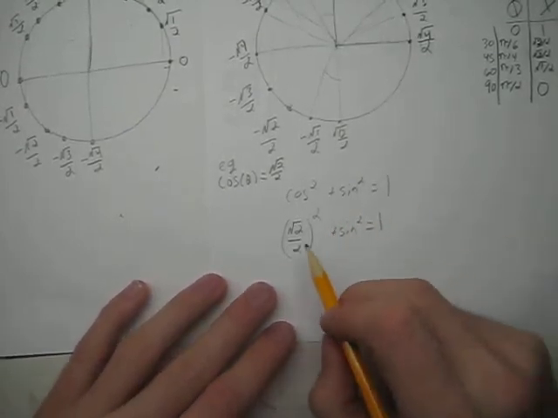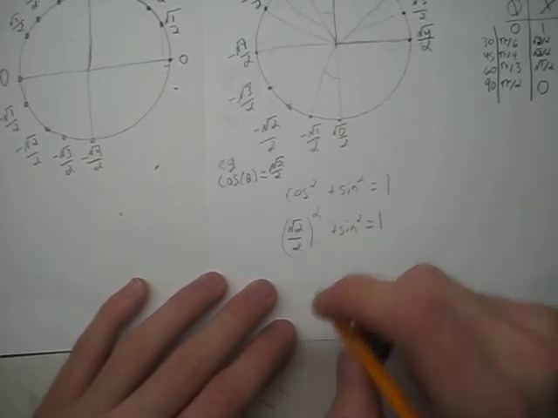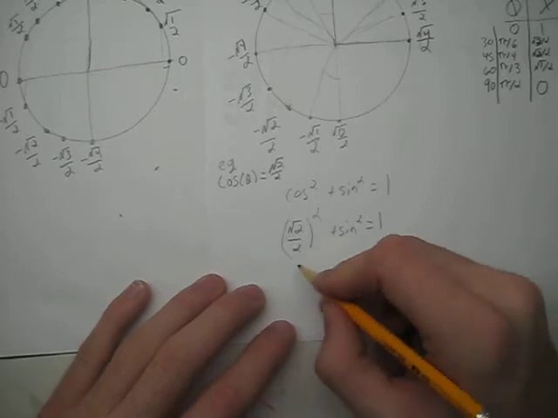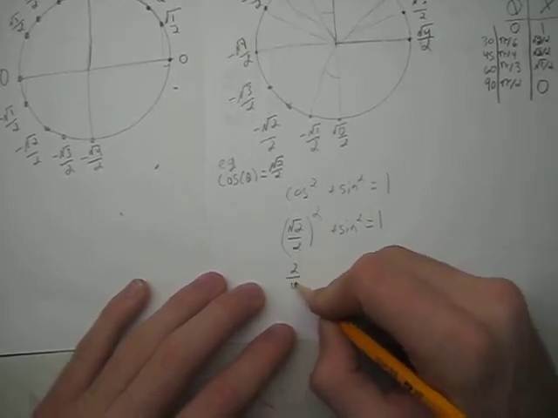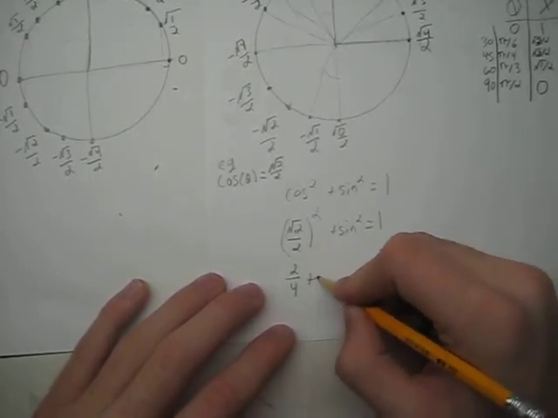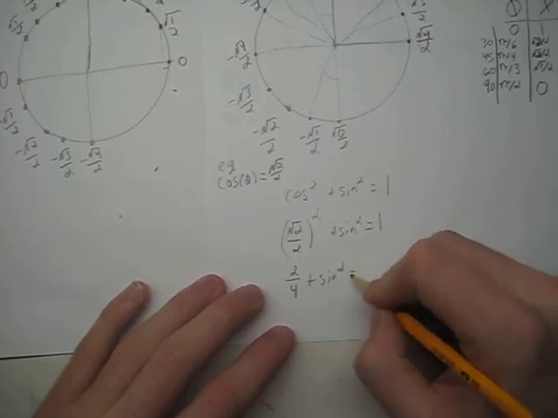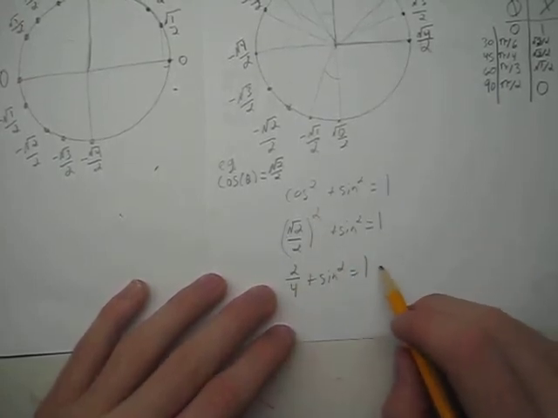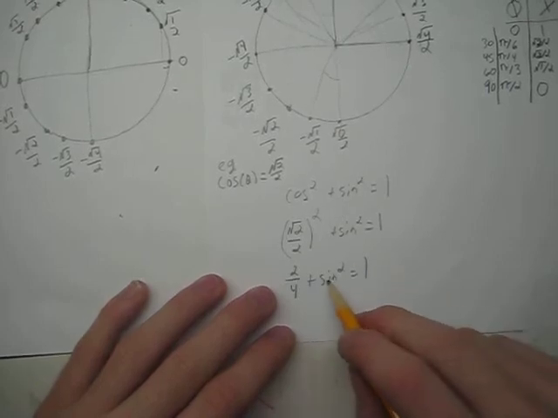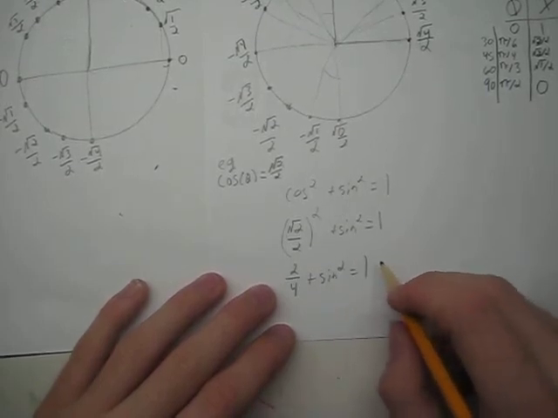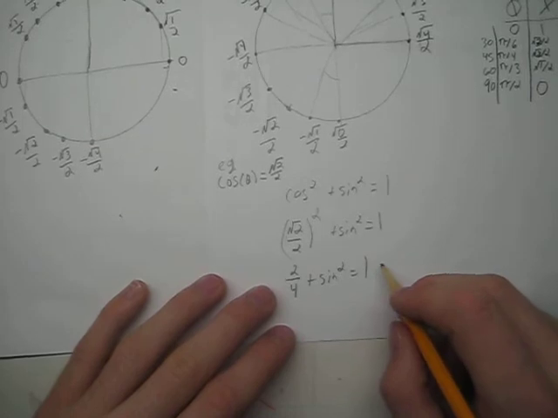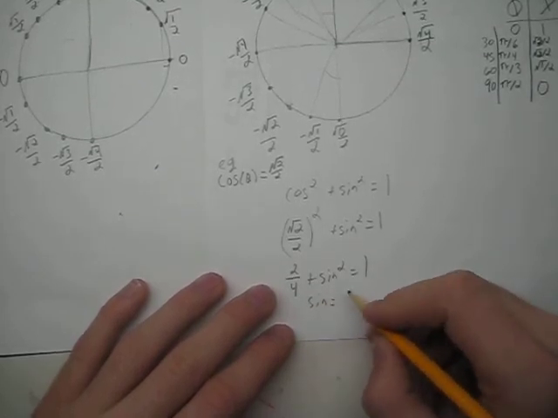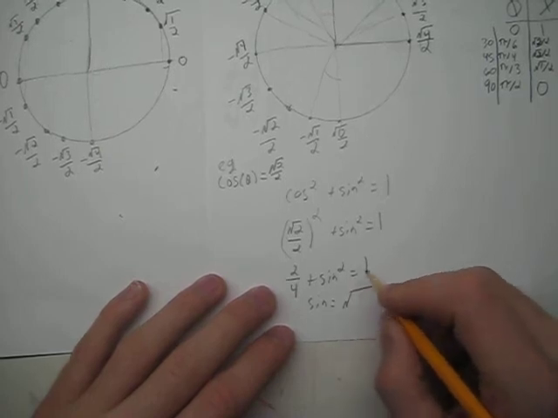So we'll square this, and we'll get 2 divided by 4. So 2 divided by 4 plus sine squared is equal to 1.